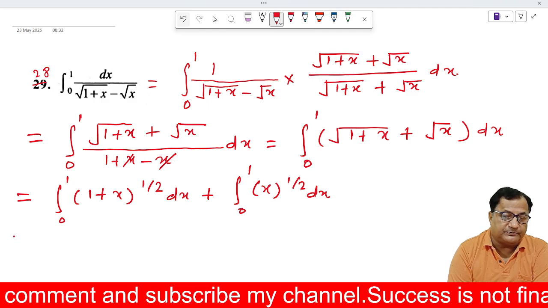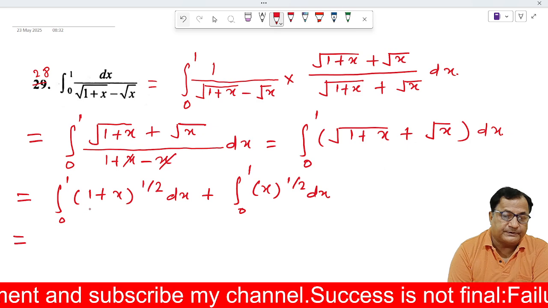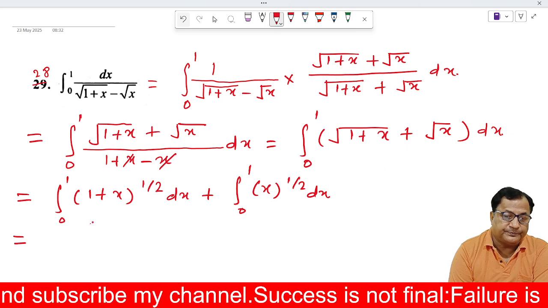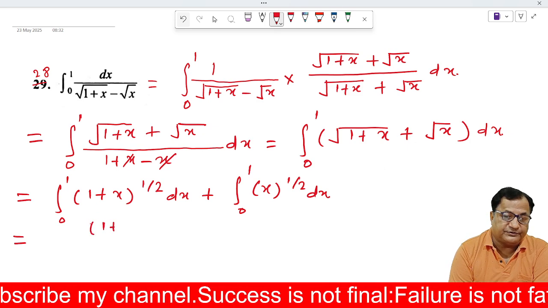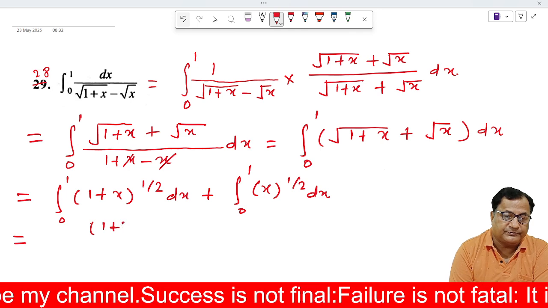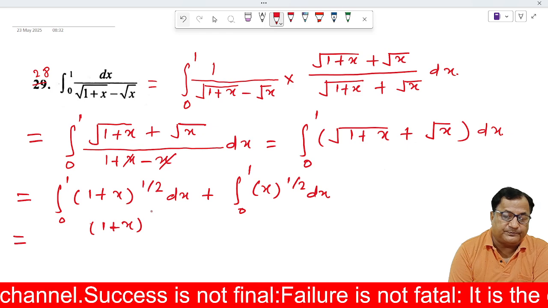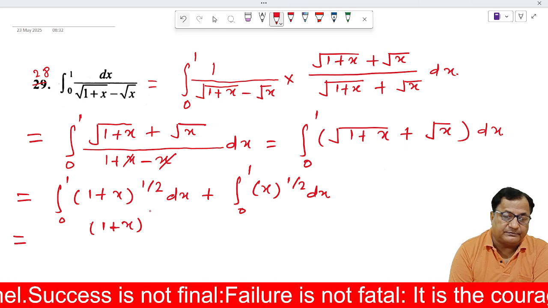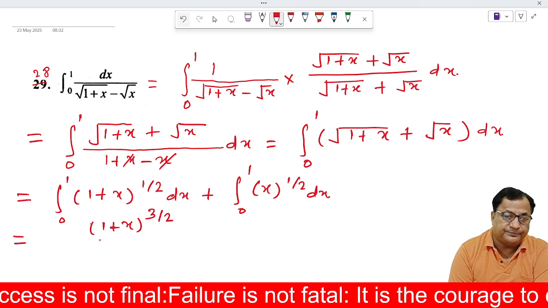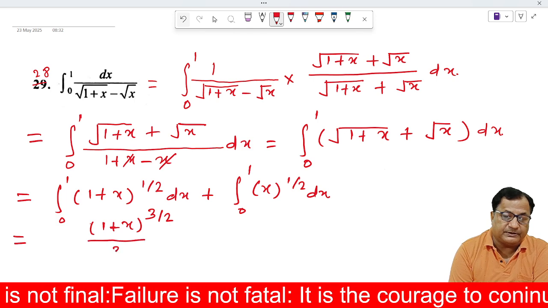So integration of this will be (1 plus x) to the power 1 by 2 plus 1, means 3 by 2, divided by 3 by 2.